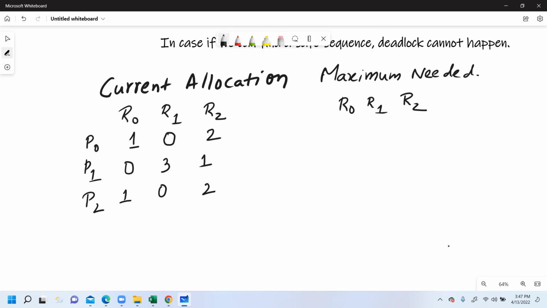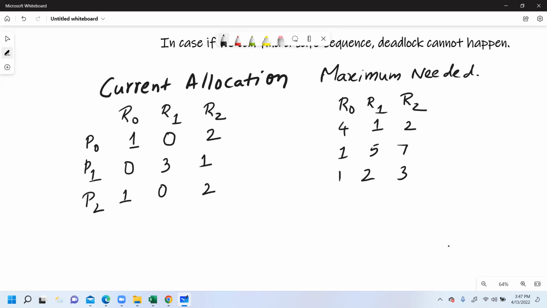And the maximum needed for P0 is 4, 1, and 2, then 1, 5, and 7, then 1, 2, 3. So this is the maximum needed. Somehow we came to know that this is the maximum needed, like a time machine, I go forward in time and I know these are the requirements for the process.